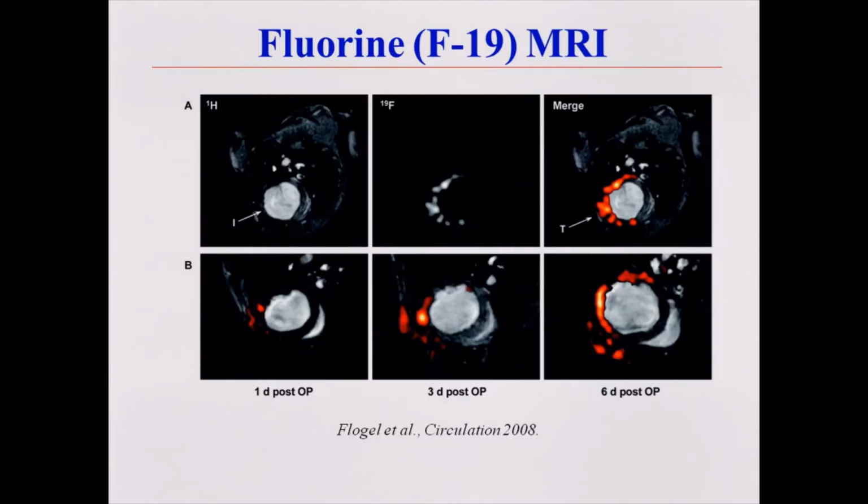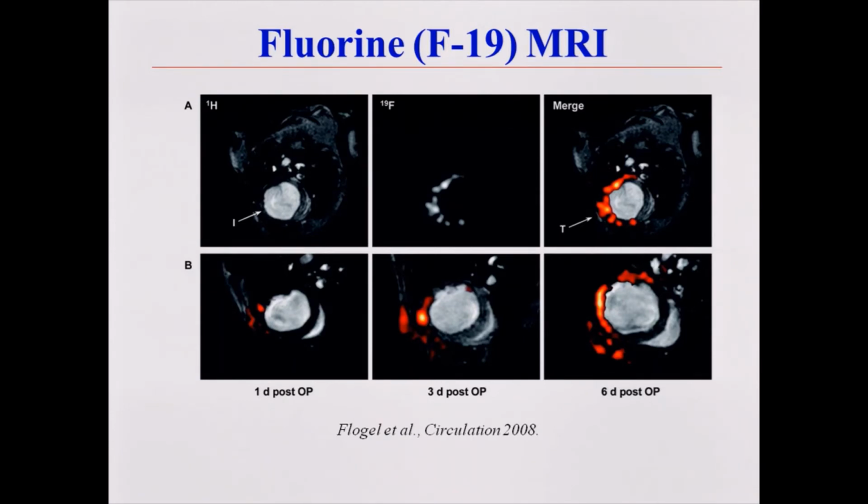And then there's been a lot of interest in using fluorine F19 labeled liposomes. So those of you who do PET are used to using F18. Well, F19 is in the drinking water and certainly has some very nice magnetic properties, polarization that's very high, and a Larmor frequency that's quite similar to protons. So it can be imaged in conventional MR systems.